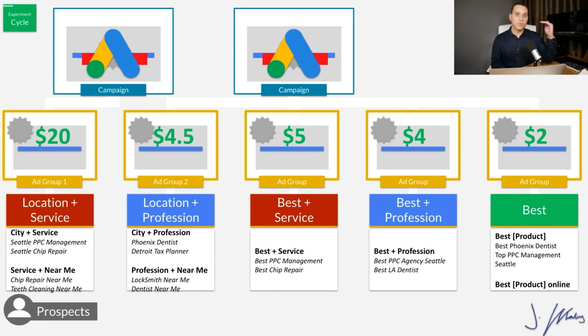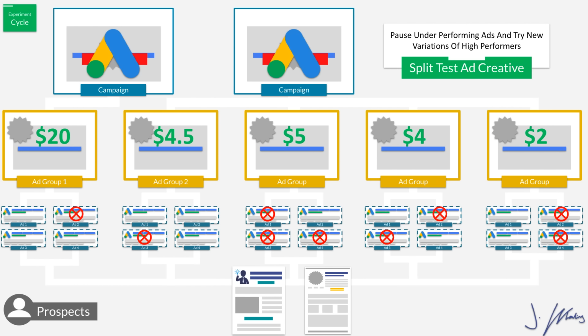So that's what you want to look for at the ad group level, in addition to just pausing keywords that don't work, right? And then for your ads, all you have to do is go into each ad group and look for the one that's working the best, and then look for the one that's not. And just pause the one that's not, and then copy the one that is and try a new version. And you're going to do that constantly. You're always going to look for which one's working, which one's not.